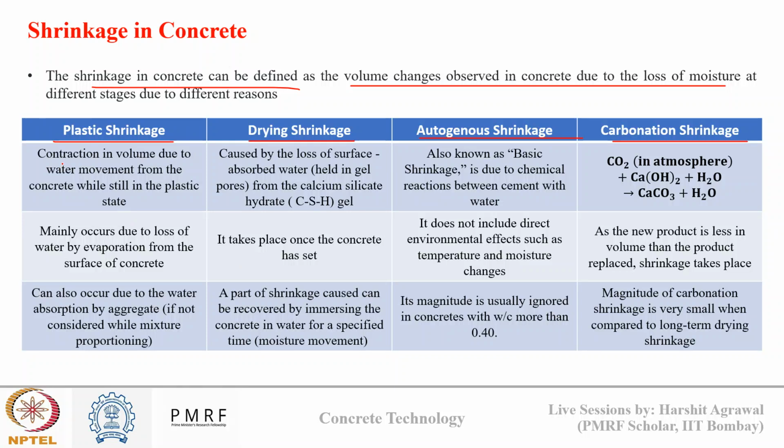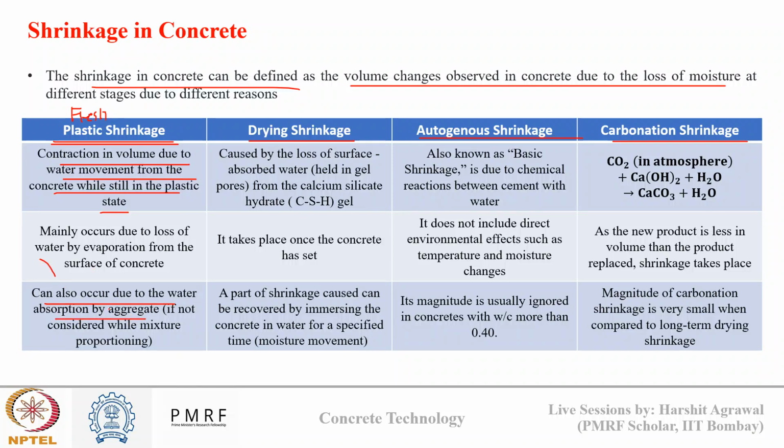Plastic shrinkage is contraction in volume of concrete due to water movement when concrete is in plastic state. When concrete is in fresh state, the moisture loss occurring from concrete results in plastic shrinkage. It can occur due to water absorption by aggregate or due to moisture loss to the environment.